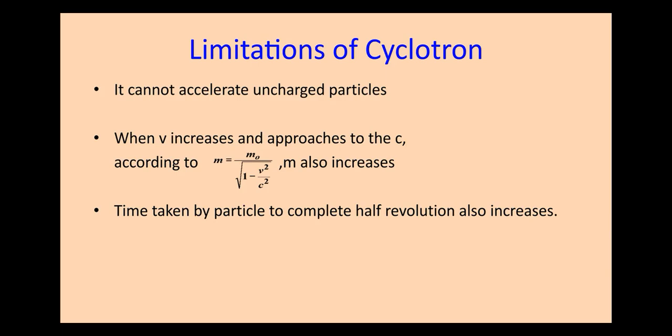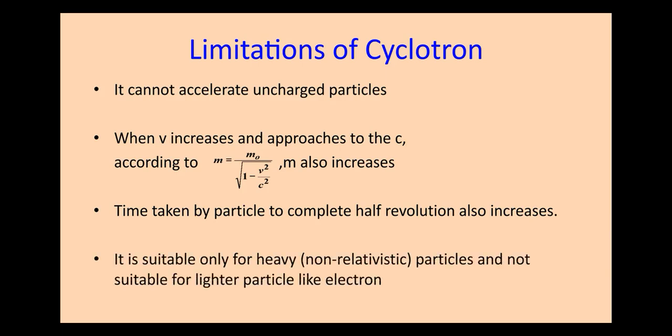That means the period of particle revolution increases significantly with increasing velocity. As a result, the particle fails to reach the gap at the right moment when electric field reversal occurs. So instead of getting accelerated, it gets decelerated. Therefore, the cyclotron is suitable only for heavy or non-relativistic particles, and it is not suitable for a lighter particle like an electron. So it cannot accelerate electrons.